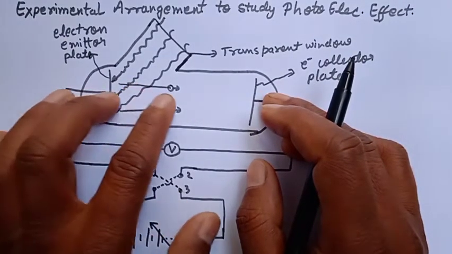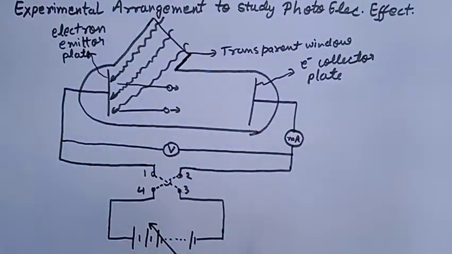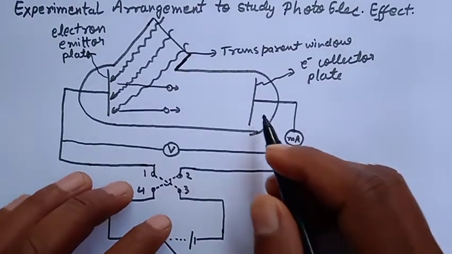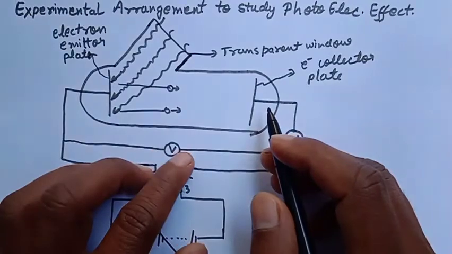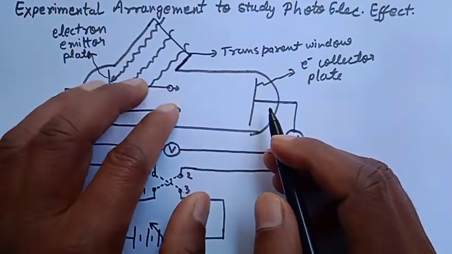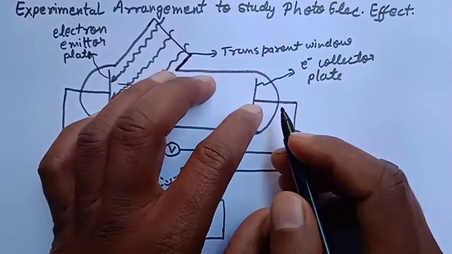At that time the current will drop. We might think that as soon as we make it negative, no electron will reach here, but still there will be some fast moving electrons, and they will still reach this side.